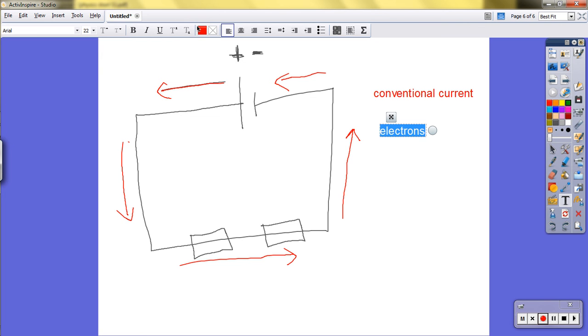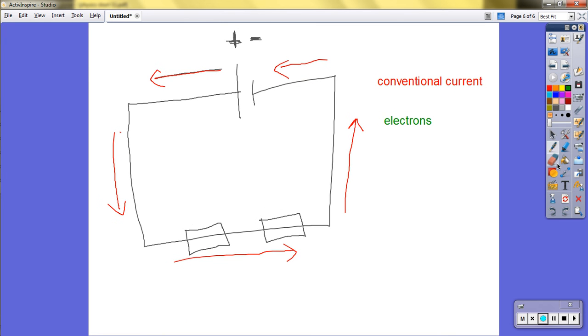The electrons actually go from negative to positive, which makes perfect sense because the negative part of the circuit is where all my negative electrons are hanging out. That's why that part of the circuit is negative.